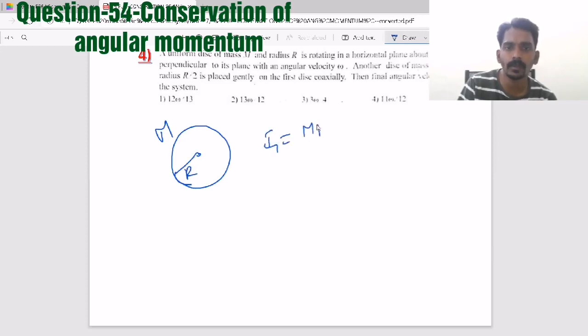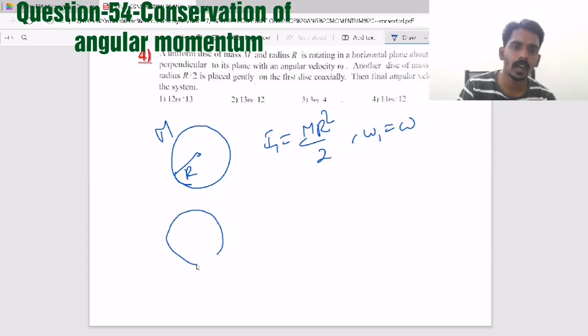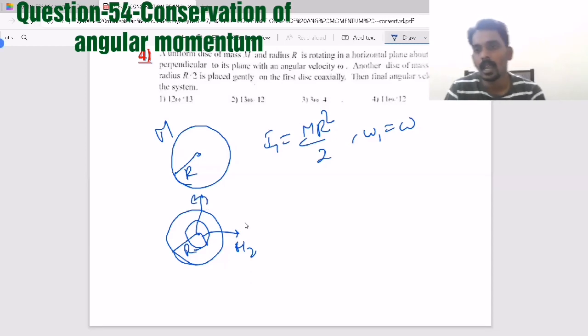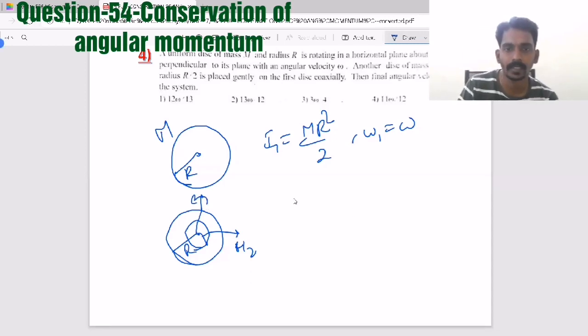Then its moment of inertia will become mr square by 2 and the initial angular velocity is omega. Now on the same disk, one more disk of radius r by 2 is placed gently, coaxially. Now both will rotate about the same axis.